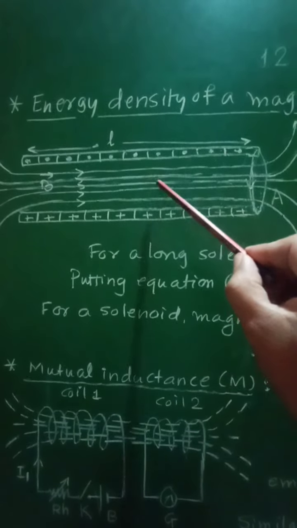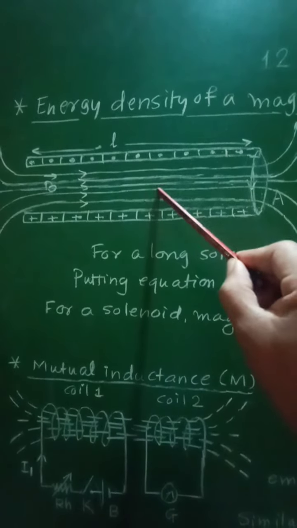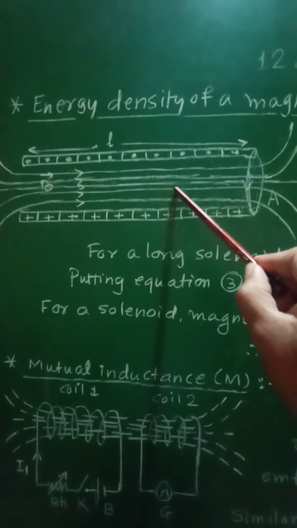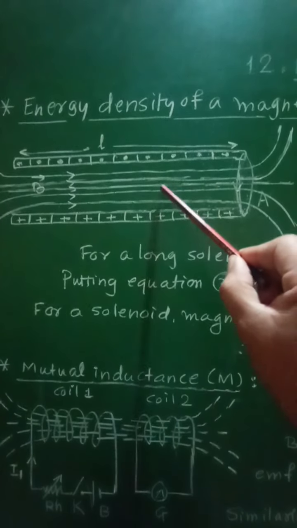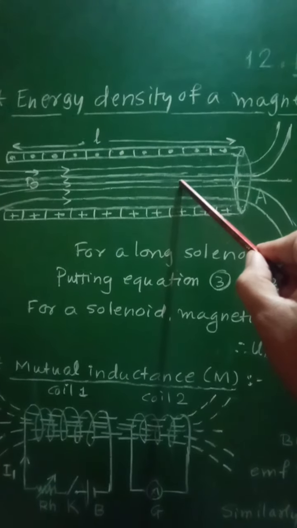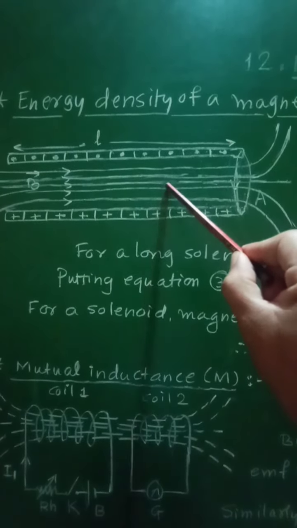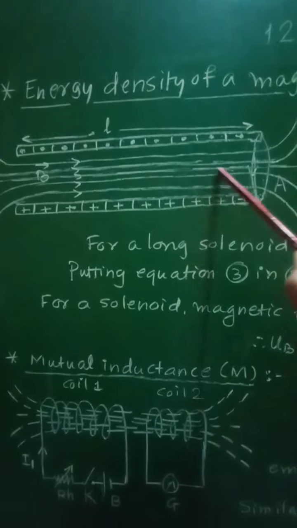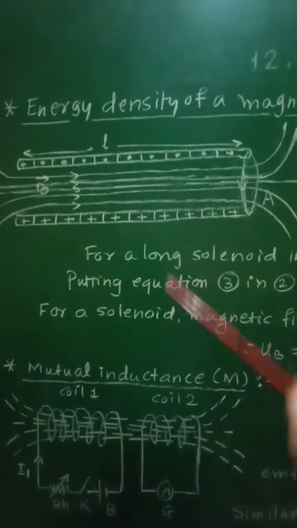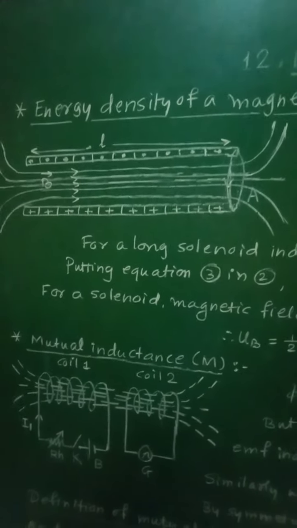Now the energy stored in this magnetic field associated with this volume AL will be due to the magnetic field inside the solenoid, and this magnetic field is uniform throughout the length of the solenoid, and therefore energy UB will be stored in that solenoid.